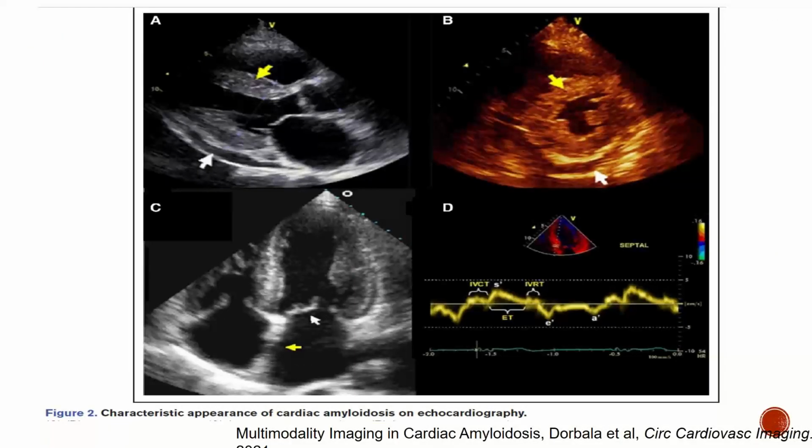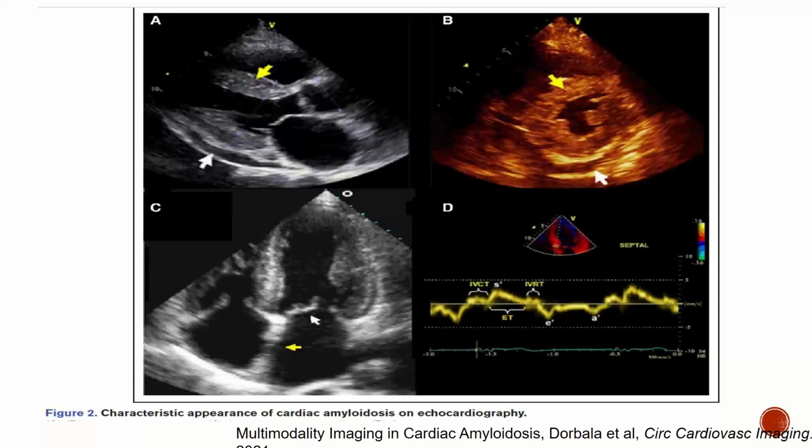So looking at the echo of a patient with amyloidosis, we can appreciate what we already spoke about: a small pericardial effusion and concentric thickening of the myocardium with a refractile or sparkling texture, left atrial enlargement, and sometimes thickening of the valves and the interatrial septum.